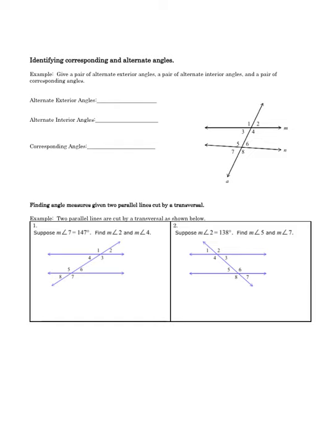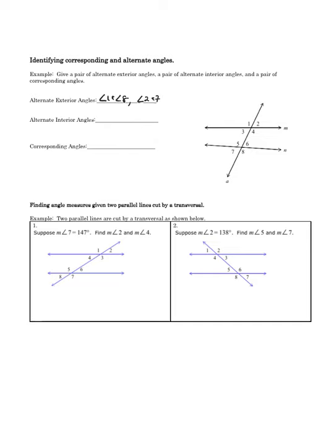All right, a pair. Alternate exterior, I'm going to go with angle 1 and angle 8, angles 2 and 7. There's your alternate exterior. We have no idea if lines M and N are parallel.